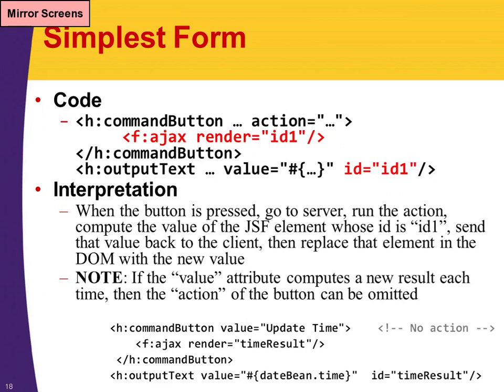Just as an aside, if the attribute computes a new result each time, then you don't even have to specify the action. Normally, if you have an action in there, you're having it do something on the server. However, if the something that gets done is actually part of the retrieval of the thing that gets rendered, and I'll show you an example of what I mean by this later, then you don't have to specify the action.